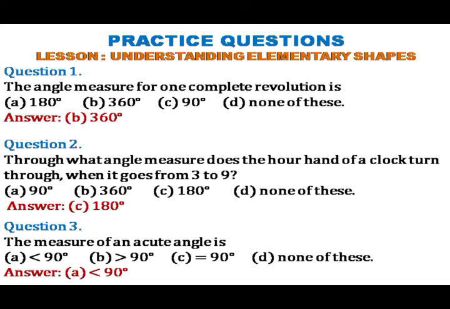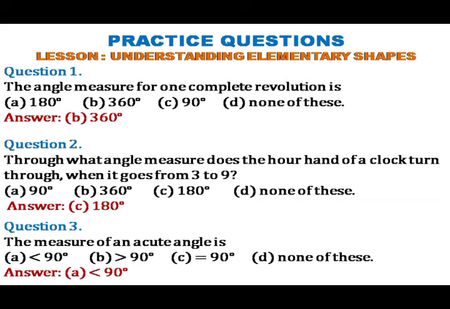The first question is: the angle measure for one complete revolution is. The options given are 180 degree, 360 degree, 90 degree, none of these. If you remember, for one complete revolution the angle measured is 360 degree. So option B will be correct. Question number 2.